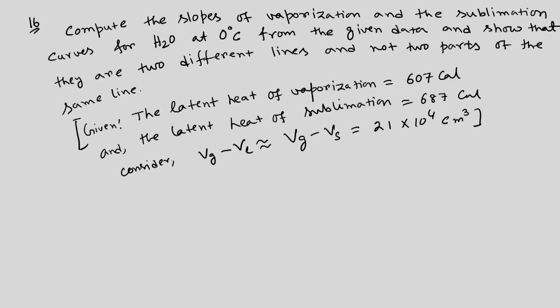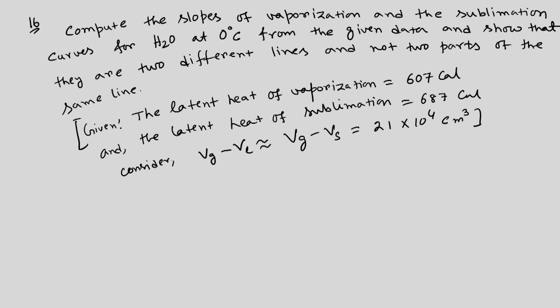It says compute the slopes of vaporization and the sublimation curves for H2O at 0 degree Celsius from the given data so that they are two different lines and not two parts of the same line. These are the values given, and we need to consider that volume of gas minus volume of liquid equals volume of gas minus volume of solid equals 21 times 10 to the 4 centimeter cubed.